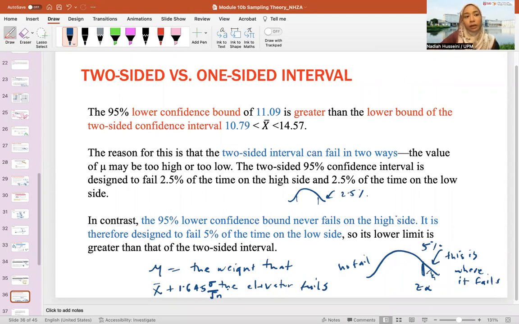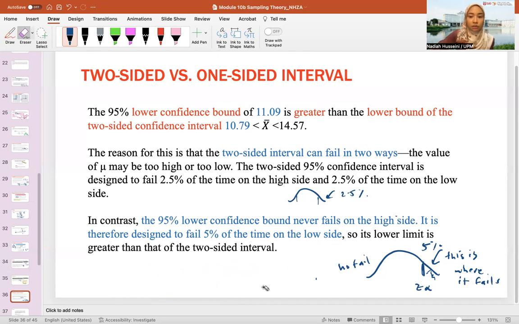I can also find the lower bound, but I'm not interested. Sometimes there are situations where I don't care about the lower bound. I only want to know the value before the elevator breaks and everyone is trapped inside. So this is what we were trying to find: only a one-sided interval. The minimum weight, we don't really care about, so there's only one way to fail, which is going beyond the maximum weight.